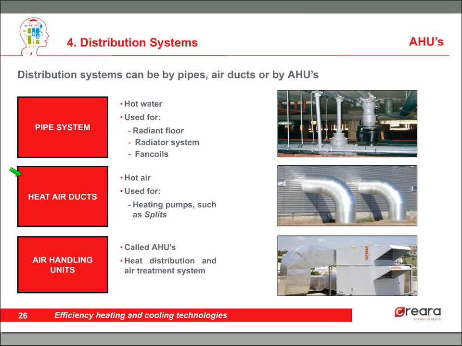Air ducts can be used for hot air, and are normally used for air-to-air units such as heat pumps or splits. Finally, air handling units, normally called AHUs, are used for thermal energy distribution and also air treatment systems.